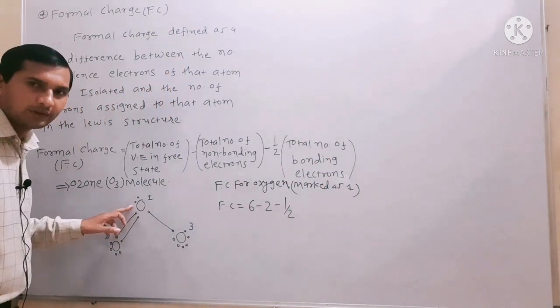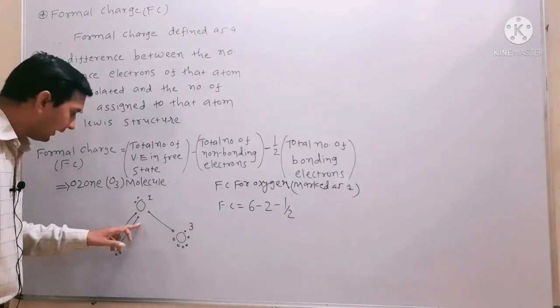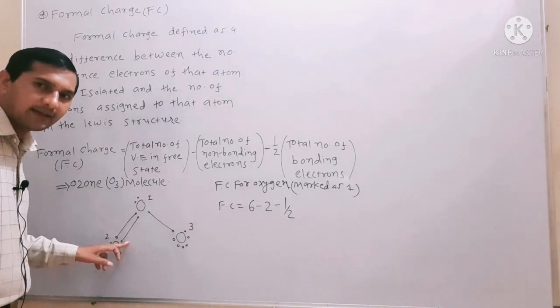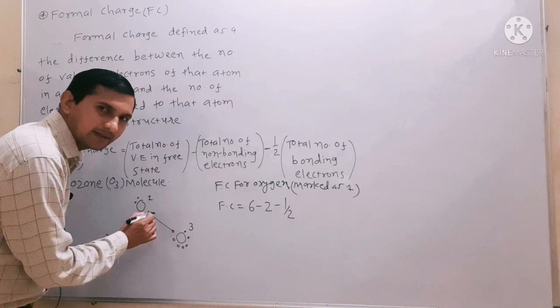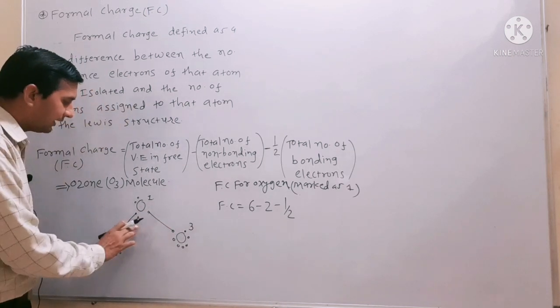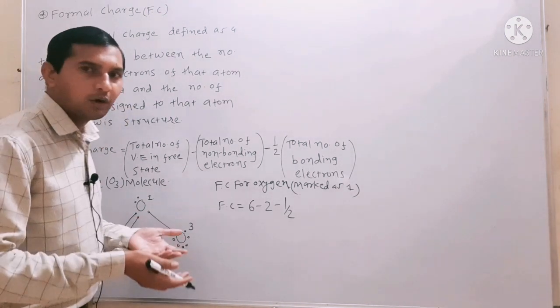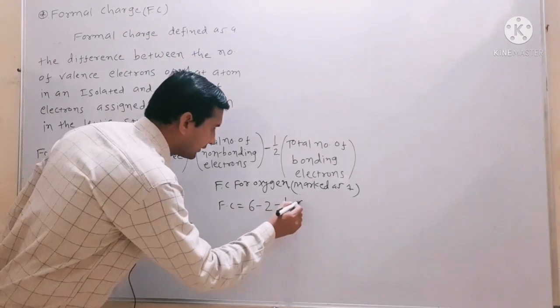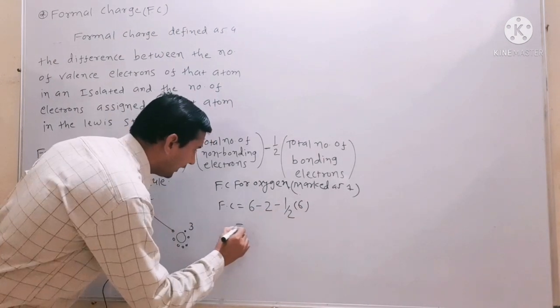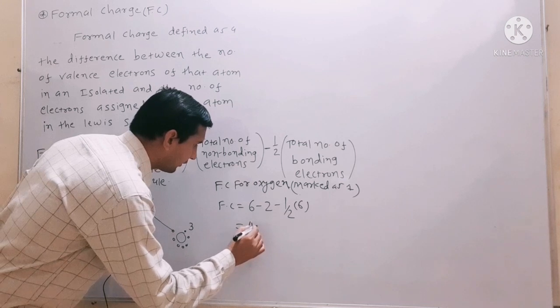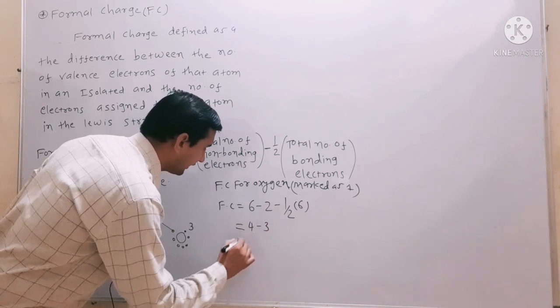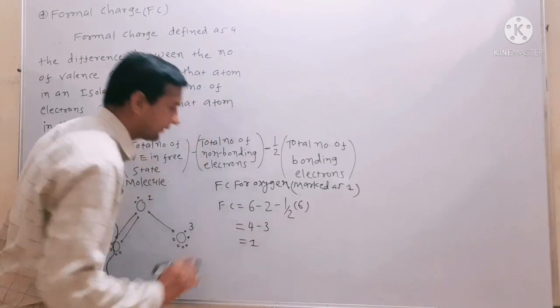The bonding electrons for this oxygen: there are 2 bonds towards the left hand side and 1 bond towards the right hand side. So how many bonds? There are 3 bonds, meaning 6 bonding electrons. So 6 minus 2, which is 4, minus 3, equals 1.